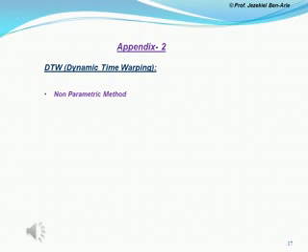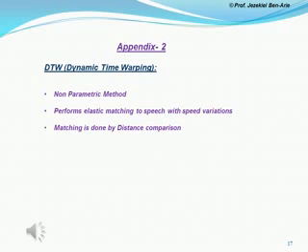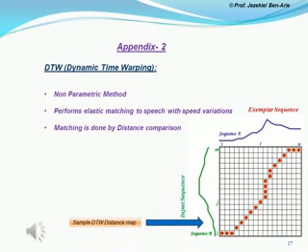Secondly, DTW performs elastic matching to speech with speed variations, and that's an advantage. In DTW, the matching is done by minimizing distance between input and stored models. Here is just a sample graphical representation of DTW.